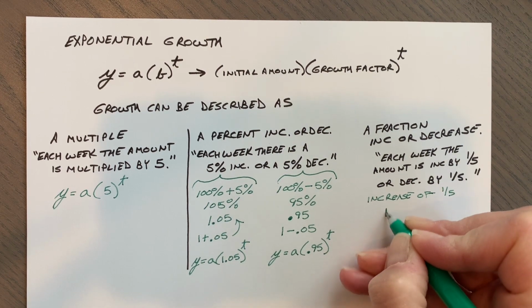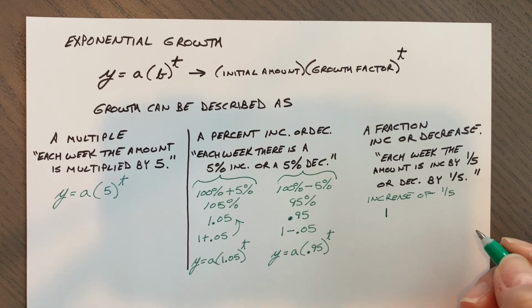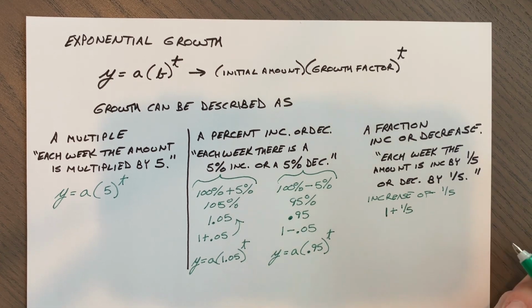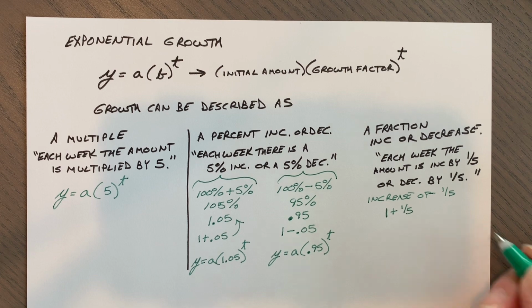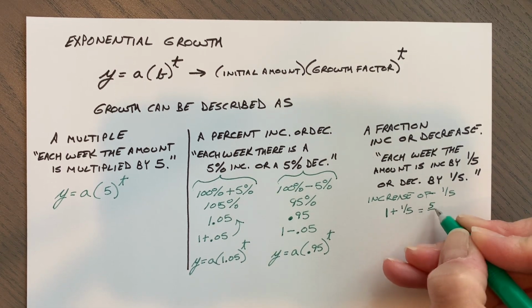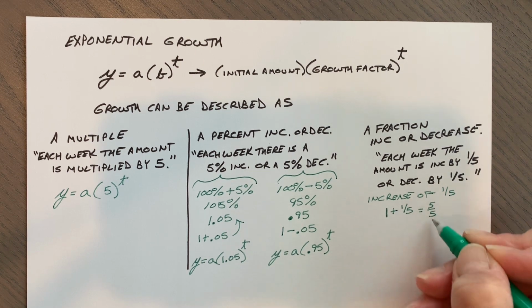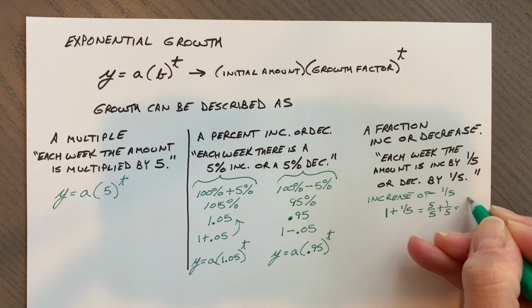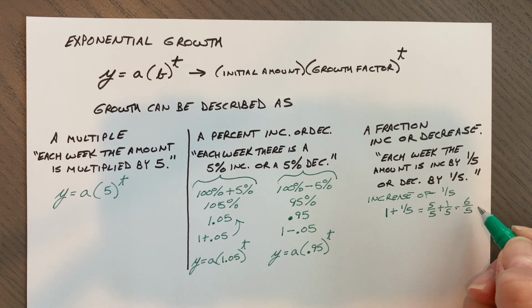I would start with my original amount, so that's the whole amount, and I would add 1/5 of that amount. Now, if I were to add these fractions, I'm going to get a common denominator here. 1 is 5/5. So we have 5/5 plus 1/5. That means in this case, my growth factor would be 6/5.